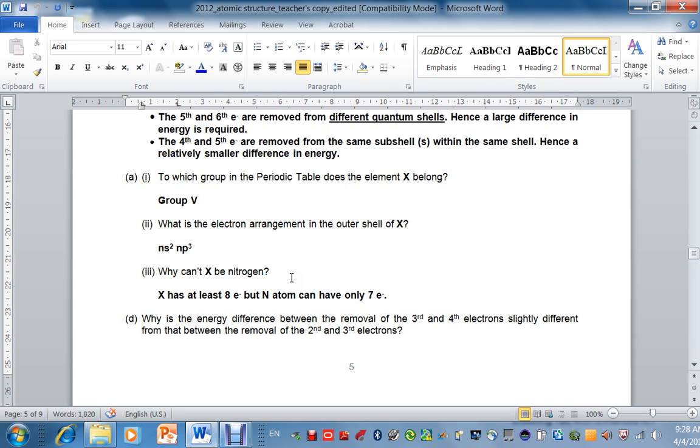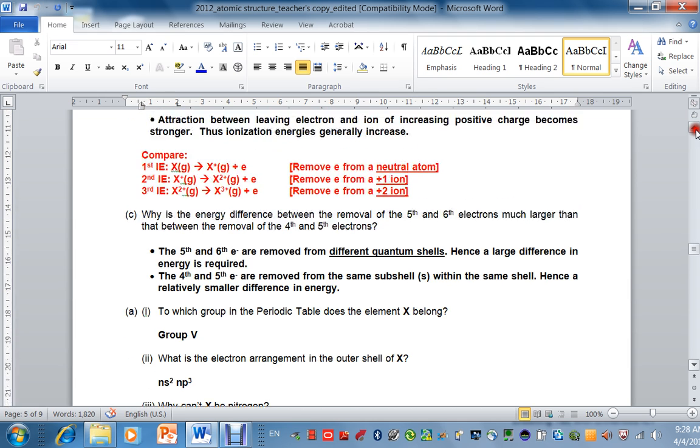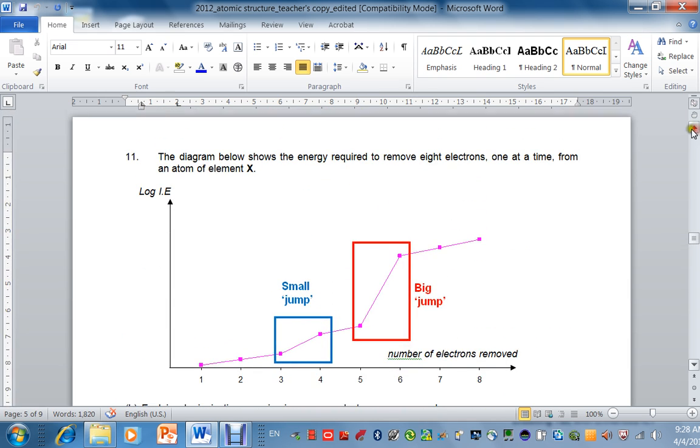Okay, next, why can't X be nitrogen? If you look at the graph, you notice that the question gives you the first 8 ionization energies of X. Meaning to say that X must have at least 8 electrons.